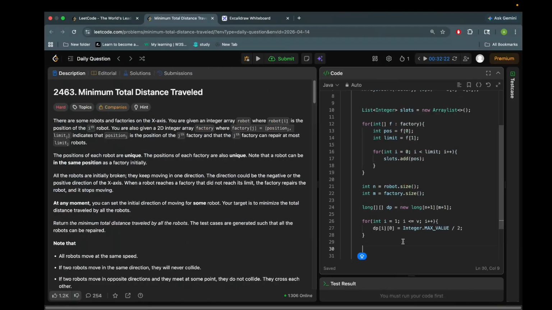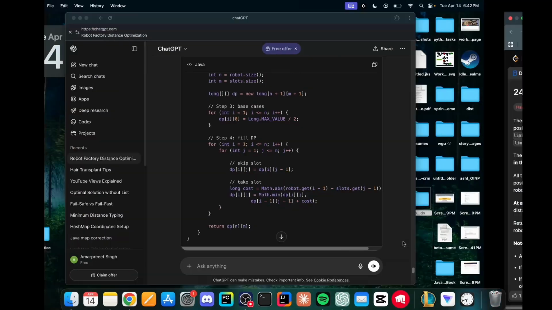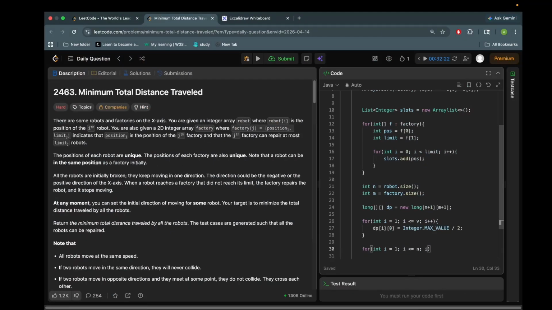So what we are doing is for i, we will start with 1, right? i equals 1, i less than or equal to n, i plus plus.